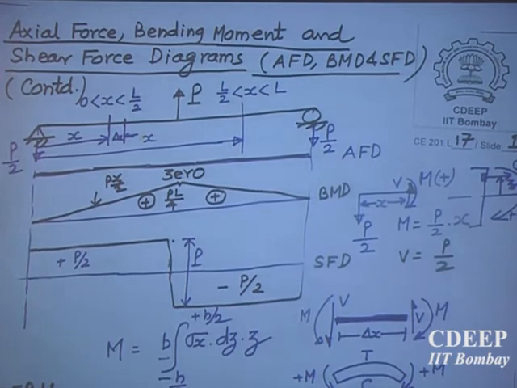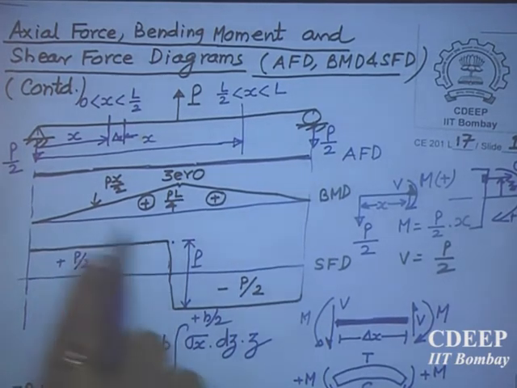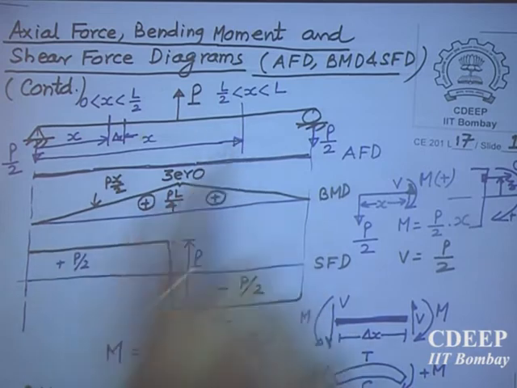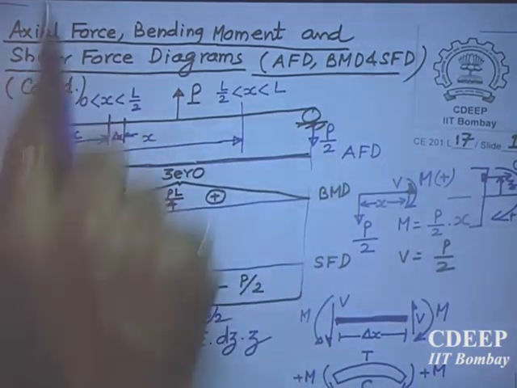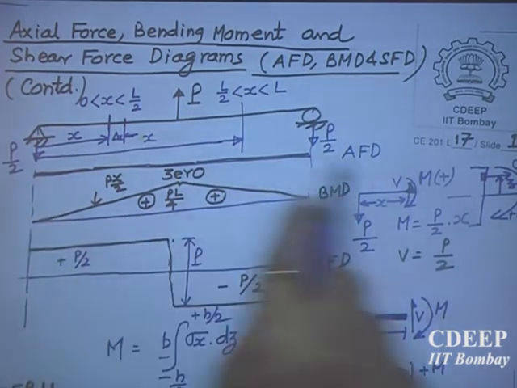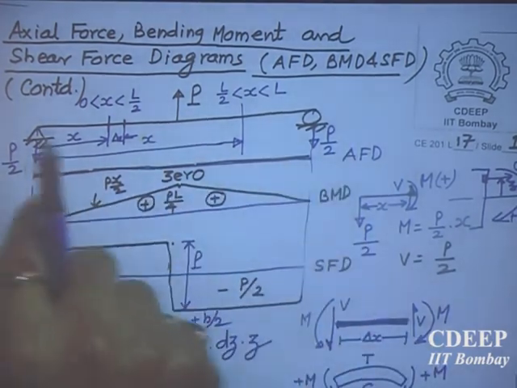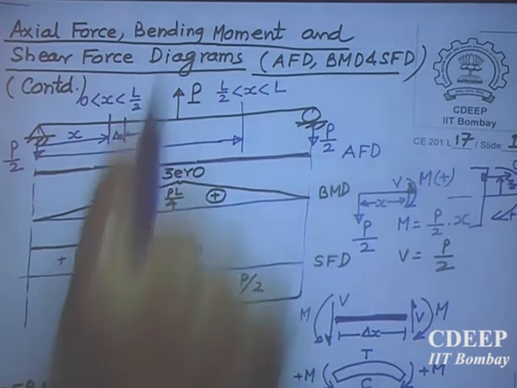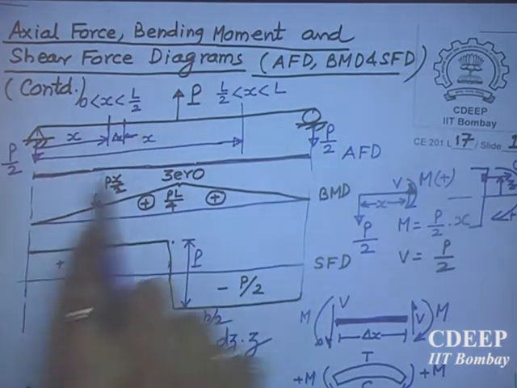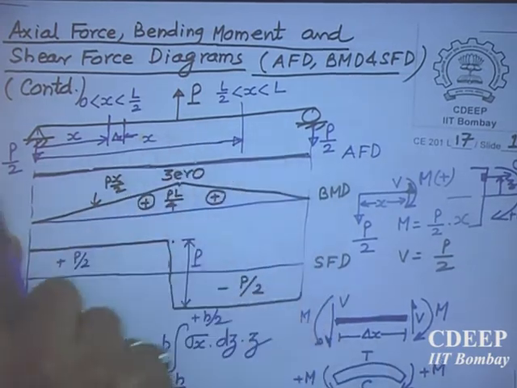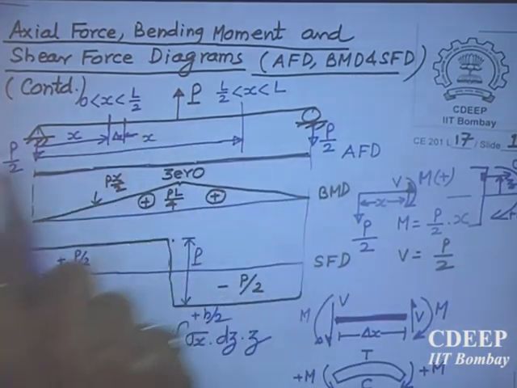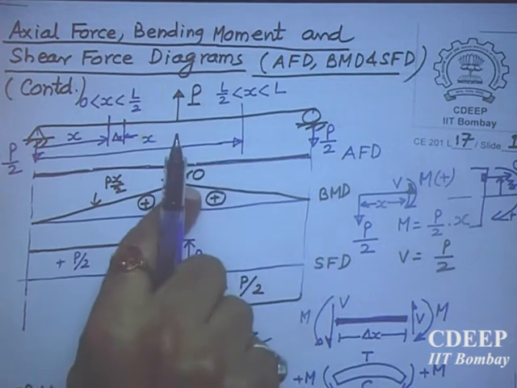Okay, that is all. And we are drawing the bending moment diagram now. The bending moment diagram also, positive we are drawing on the top. If this is the line, how do you draw any graph? You have to take up or down. So we are drawing the bending moment diagram on the tension side.